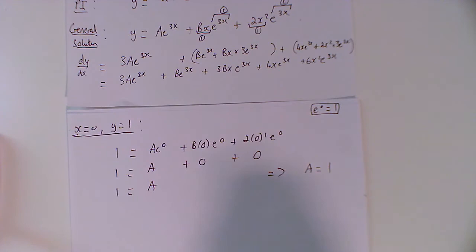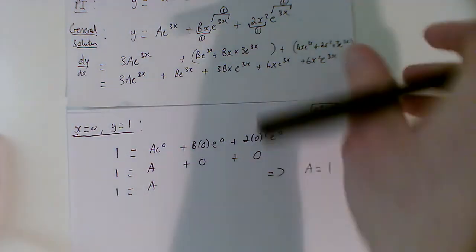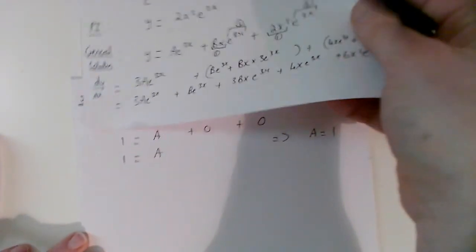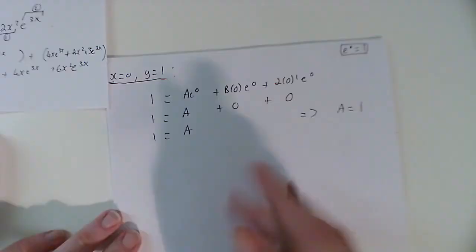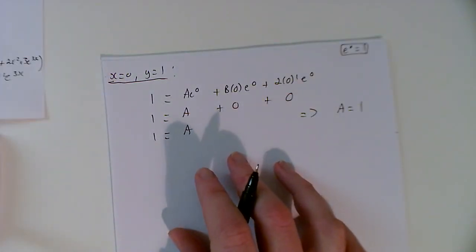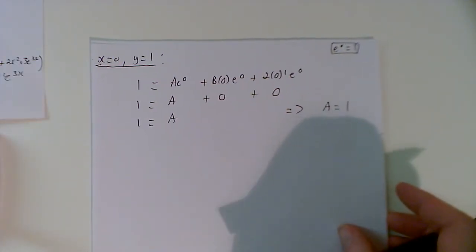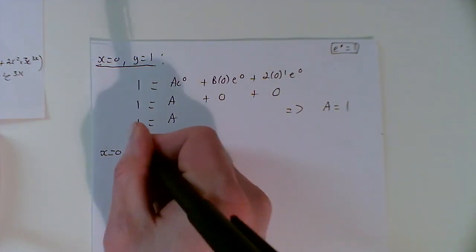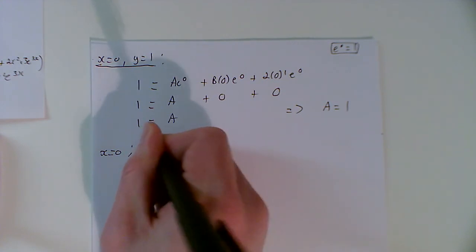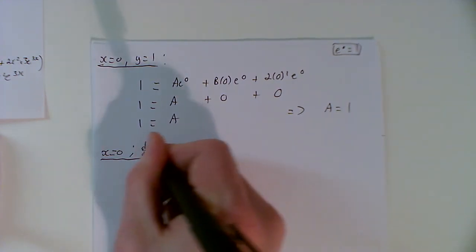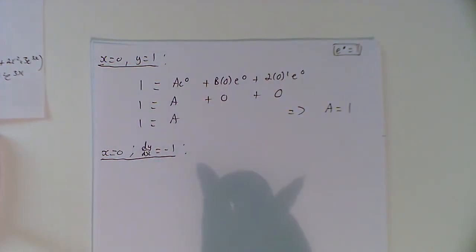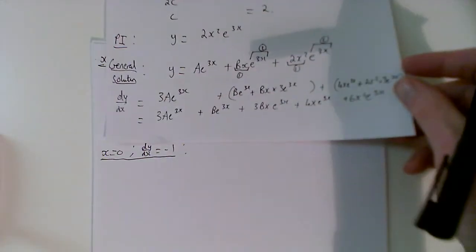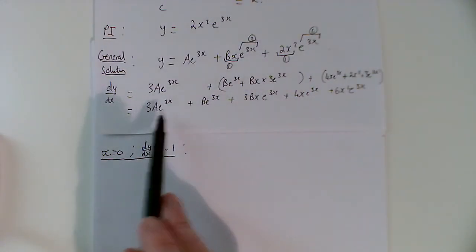Right, then our second one was when x equals 0, dy by dx equals -1. Right, so I'm just going to cover over that top bit. So my dy by dx is this function here.